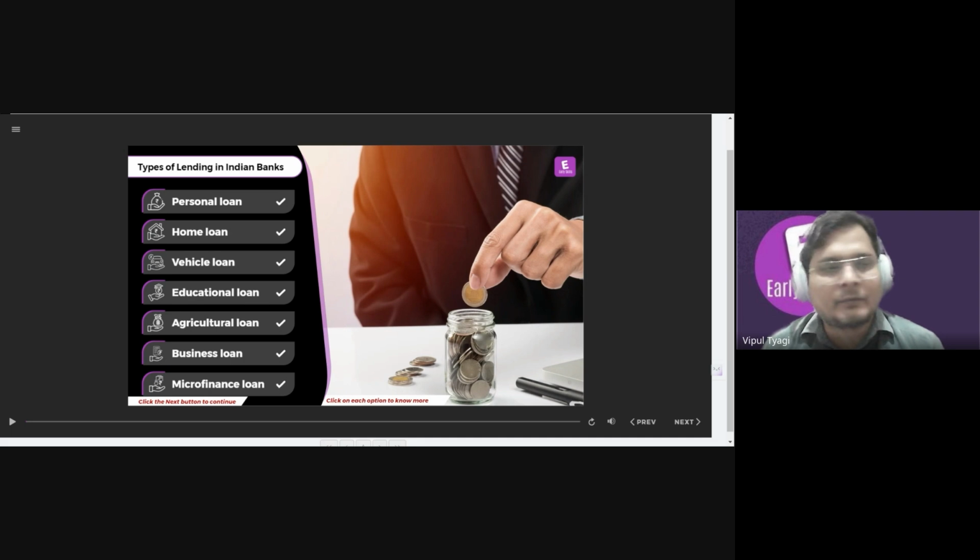You will quickly go to the bank and show them the quotation and the work order. You tell them that you have to deliver this particular product, you need this much raw material, and it costs around 1 crore rupees. Give me this amount for short term. Within one month I will deliver this product, and as and when I get the payment, I will repay the loan amount.